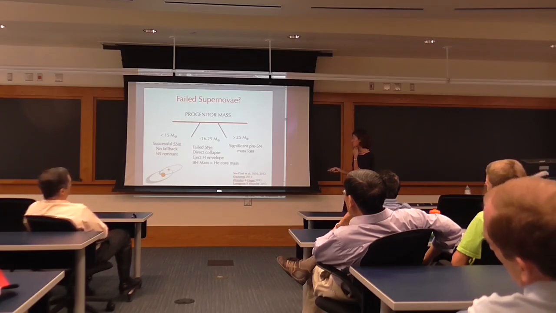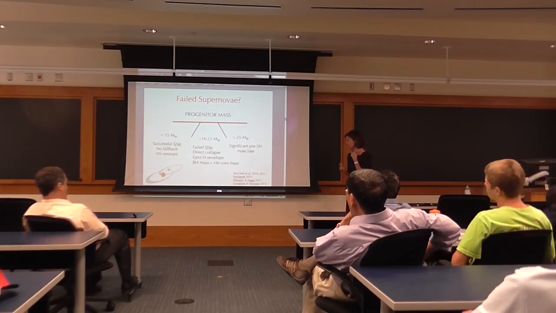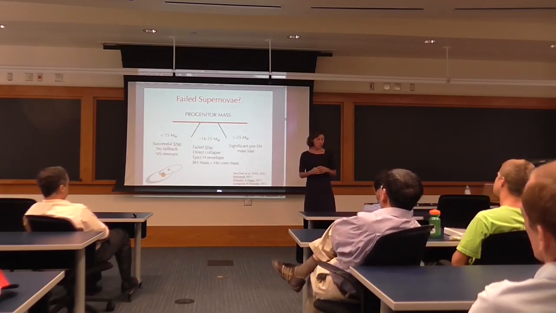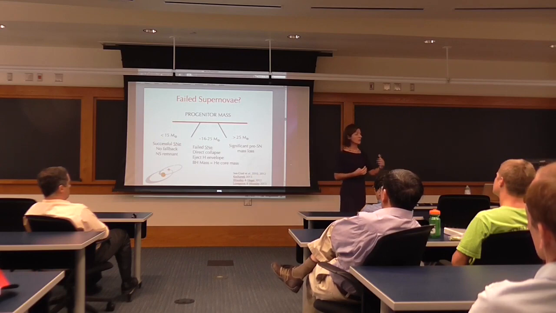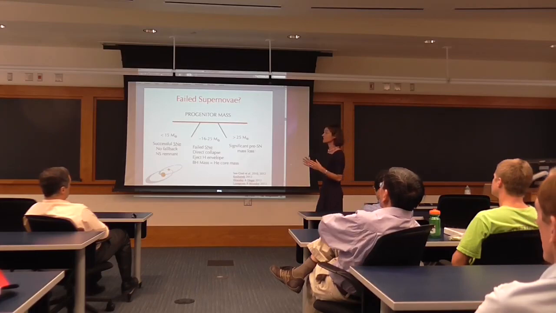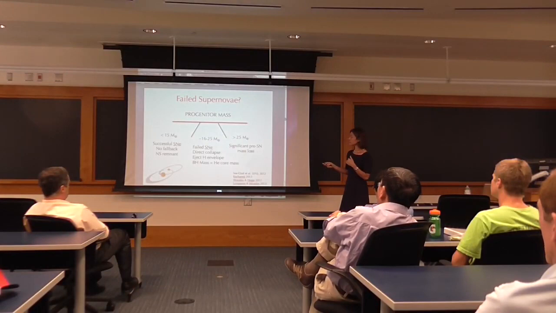There was a paper out on AstroPH, and Woosley and Hager and Woosley and Lovegrove also ran supernovae calculations and stellar evolution calculations that support this idea that there could be a range of masses that produce failed supernovae. So the idea goes something like this.